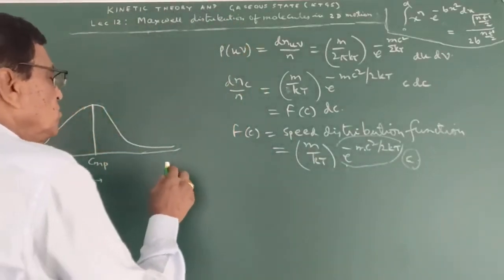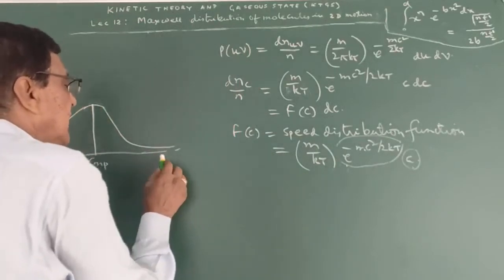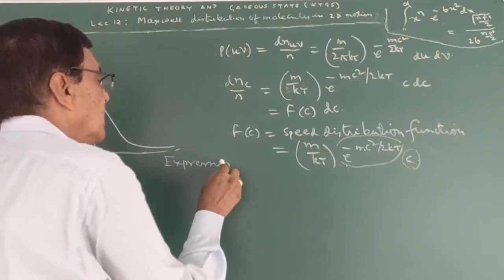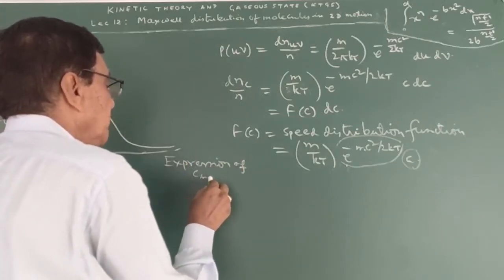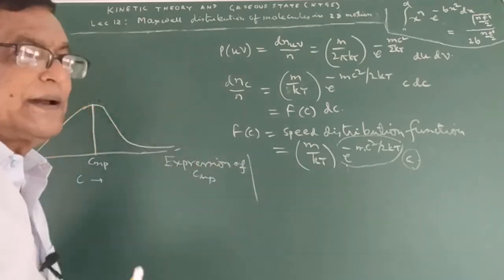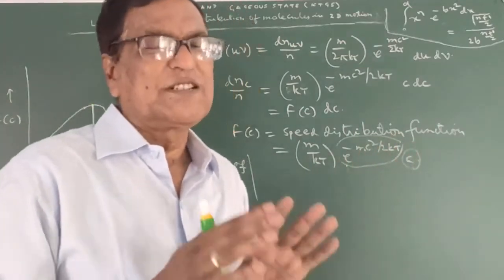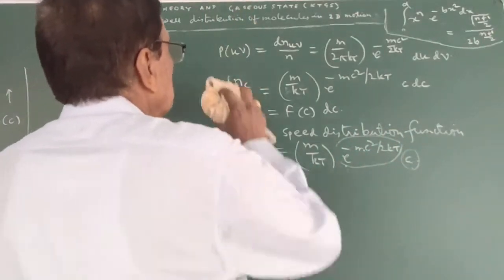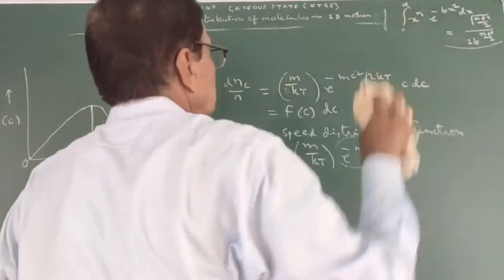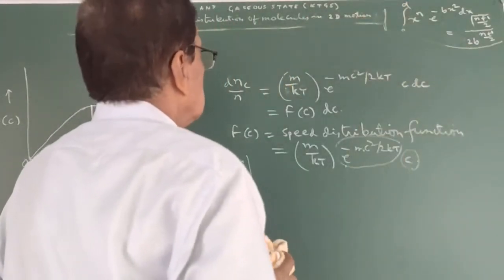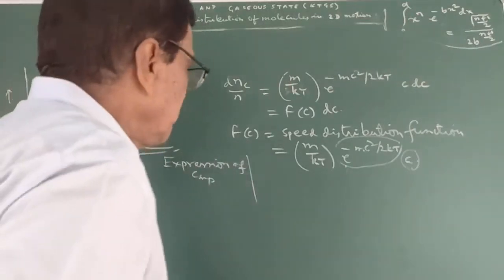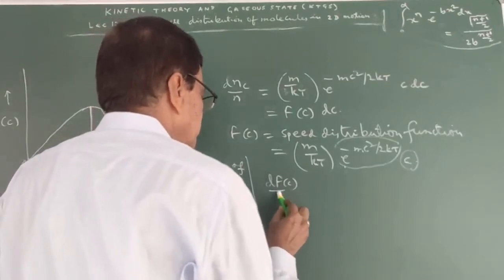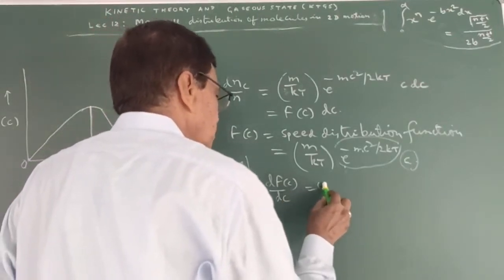So if we like to find the expression of CMP, then we shall have to take the help of differential calculus, maxima and minima. In this case dFc divided by dC equals 0.